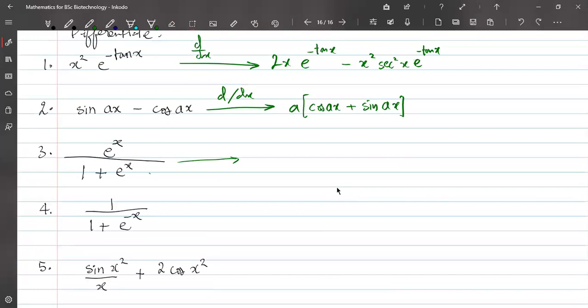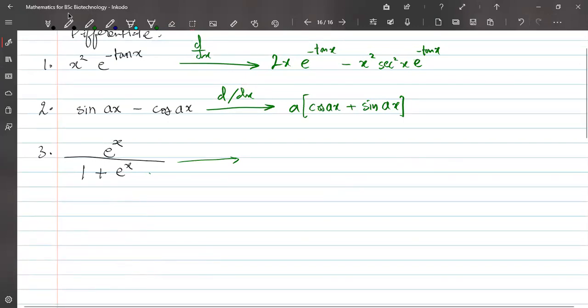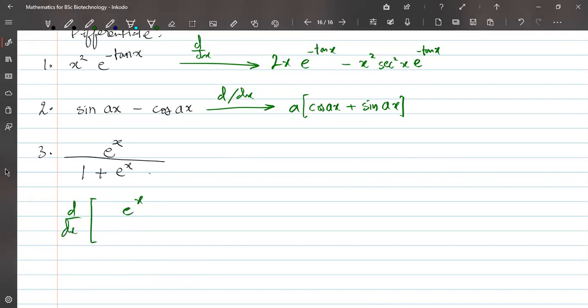So here, if you differentiate this without any initial rearrangement, what I'll do is I'll apply product rule.